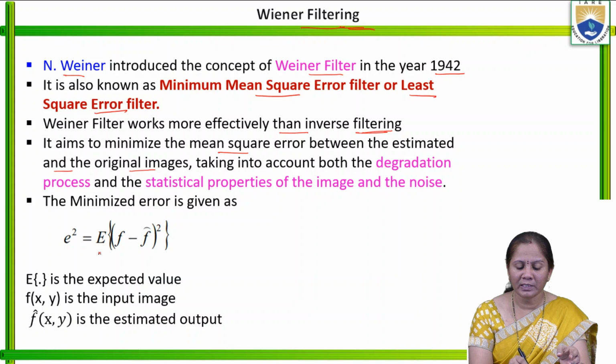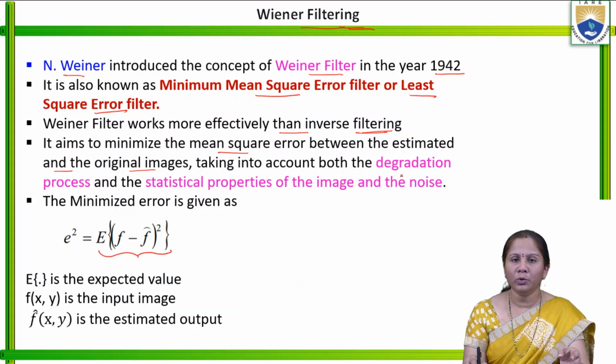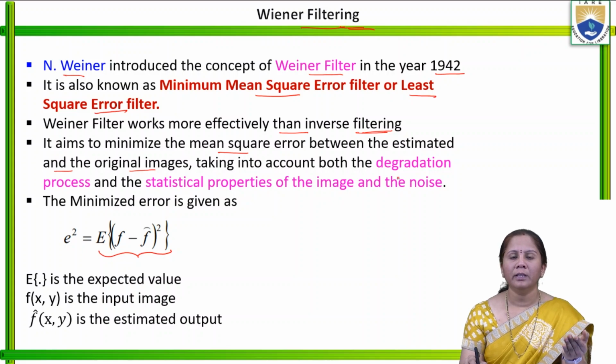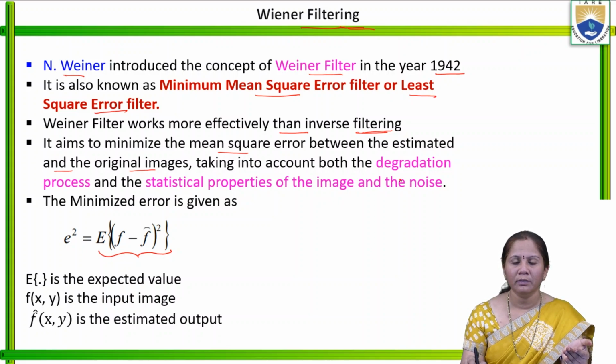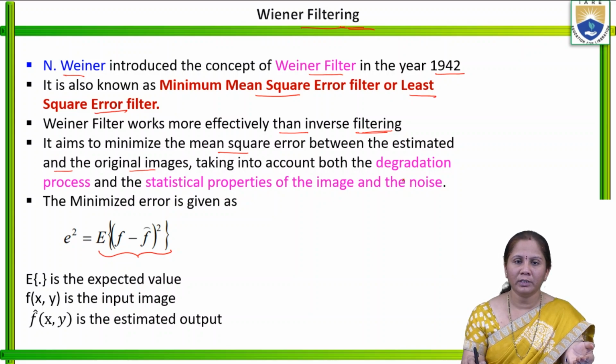It is simply represented in a mathematical formula like this. Previously, the inverse filter took the noise term and the degradation function term, that is N and H, in its analysis.